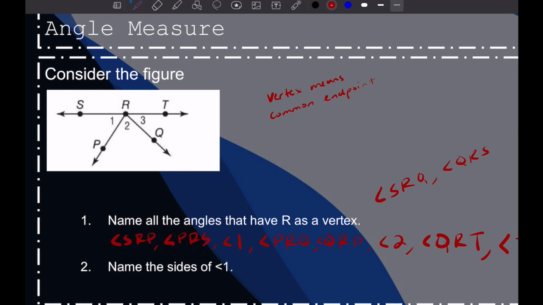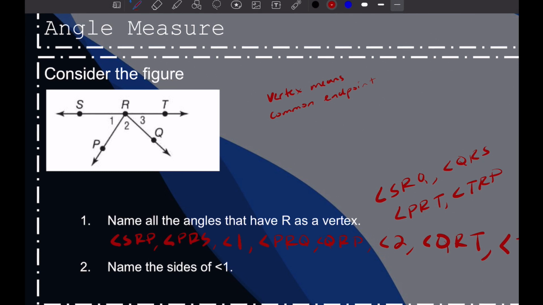And then over here, notice that we can name this particular angle. So that's going to be what? Angle P, R, T, and then angle T, R, P. All right. So I think we have named every single angle associated to R being the vertex there.